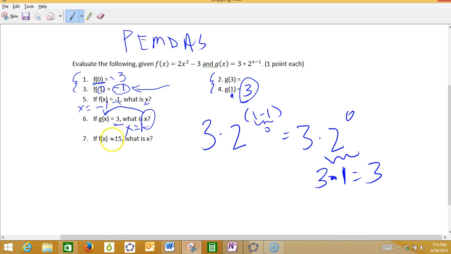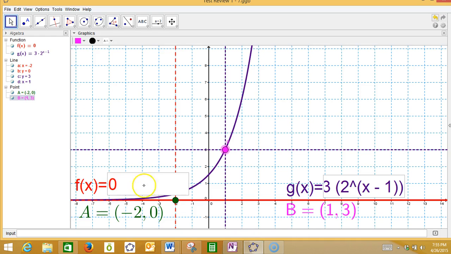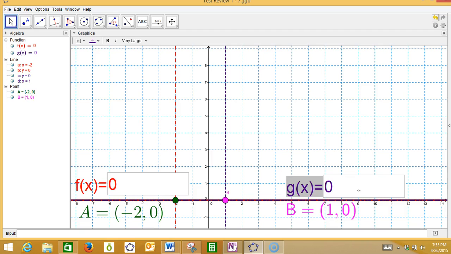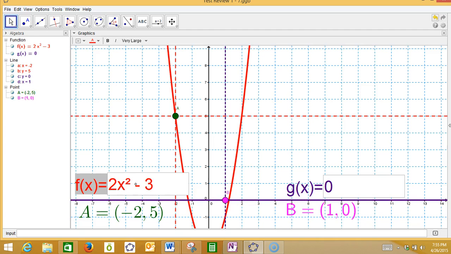And then the last one, f of x equals 15, what is the value of x? So we don't have that one already solved, but let's look at our graph here. So I'm going to graph f again, 2x squared minus 3. So let me hide this one. There's our f function again.